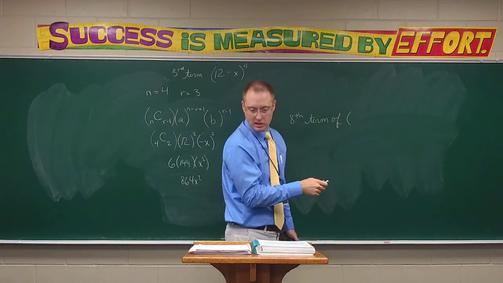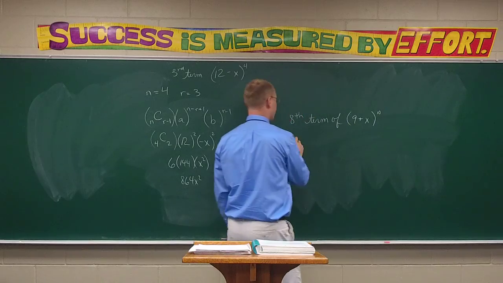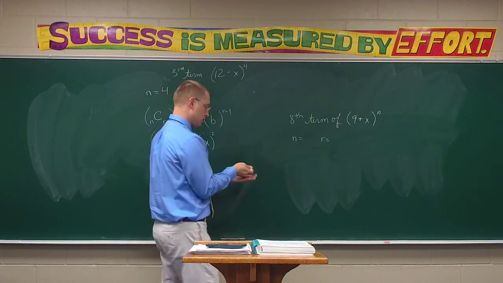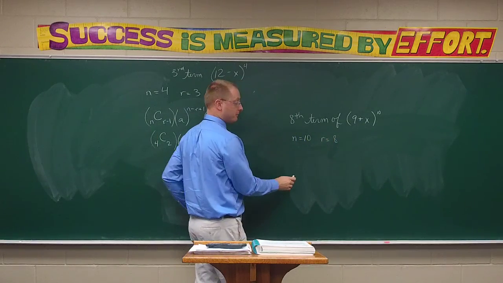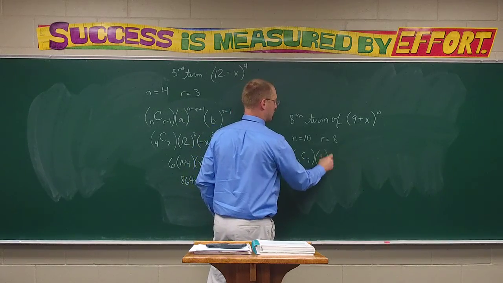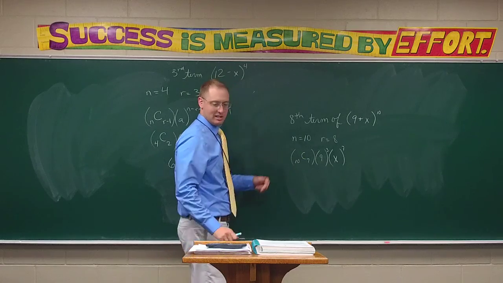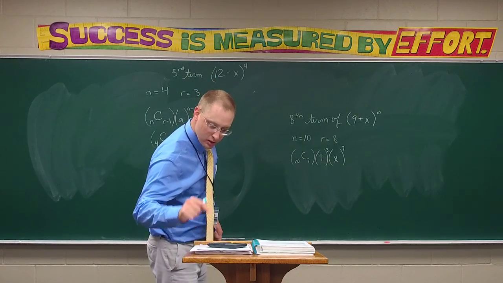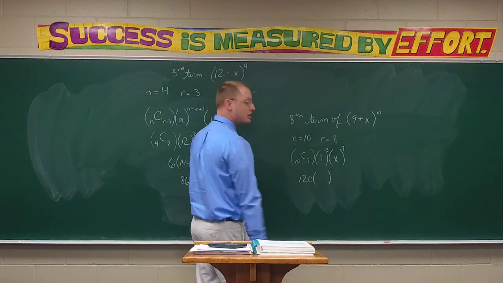On number 18, they wanted the 8th term. Was it 9 plus x to the 10th? Again, what is n? What is r, Brandon? So when I go to plug it into my formula here, I'm going to put 10C7 times 9 cubed times x to the 7th. 10C7 is 120, 9 cubed is 729.